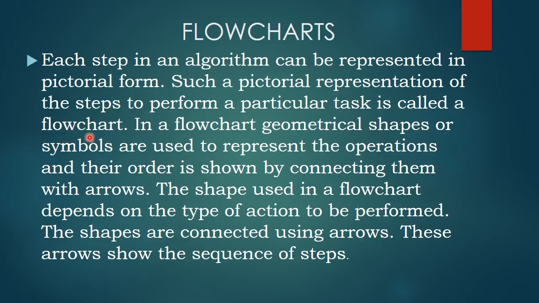In a flowchart, geometrical shapes or symbols are used to represent the operations, and their order is shown by connecting them with arrows. In an algorithm we write step 1, step 2, step 3, step 4. But in a flowchart we use geometrical shapes, that is oval shape, parallelogram shape, rectangle shape, diamond shape.